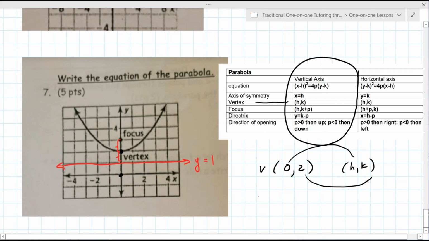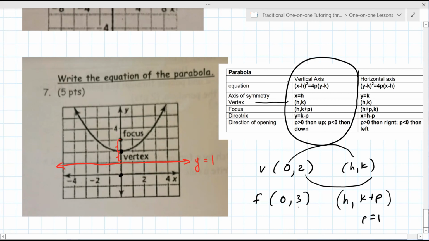The focus is at 0, 3, and the focus has formula h, k plus p. Since k is 2, what is the value of p? k is 2, 2 plus p is 3. So it'd be 1, so p equals 1.